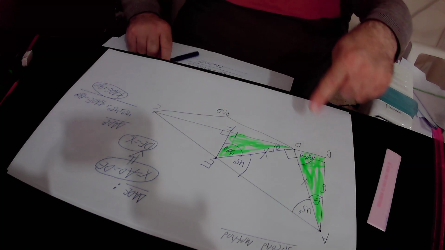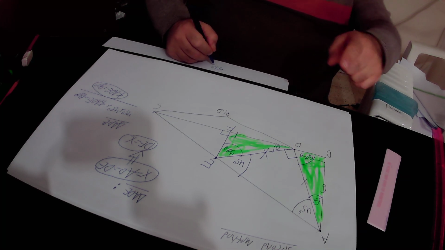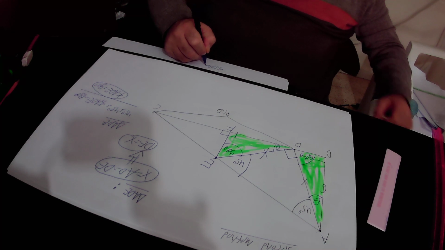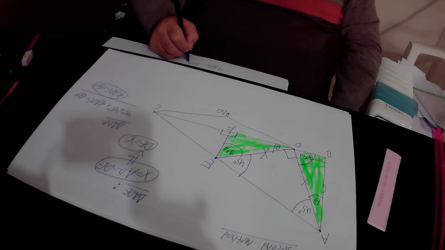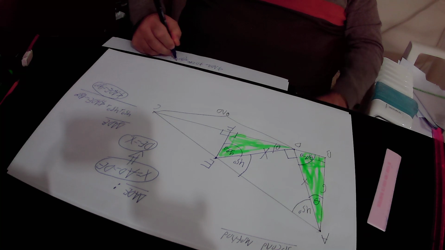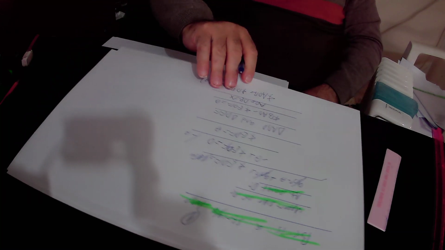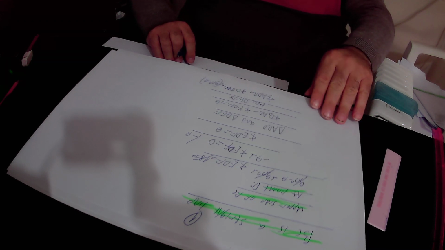So angle ADB in triangle ABD is equal to angle DEF, and they are both equal to 90 degrees minus theta.